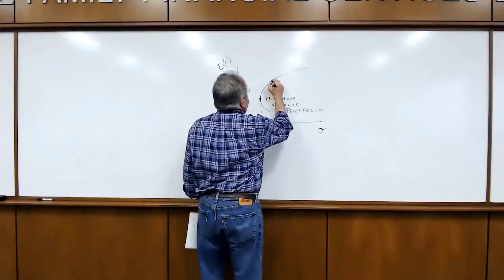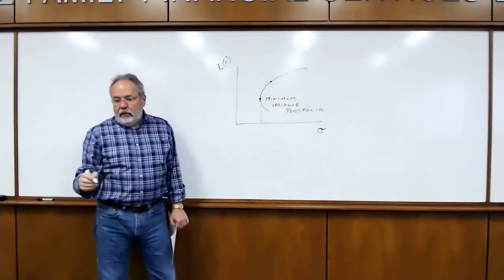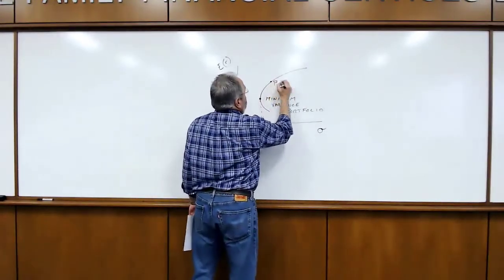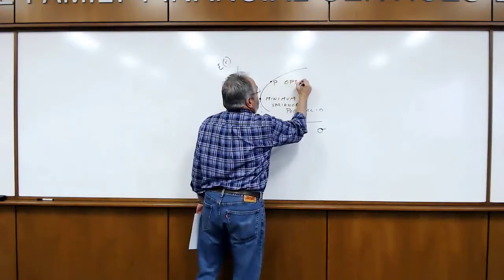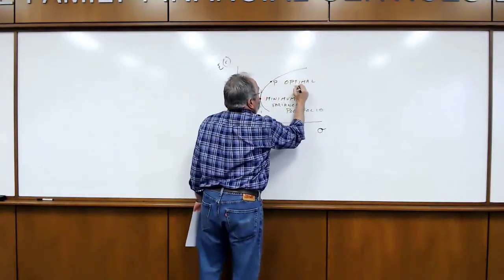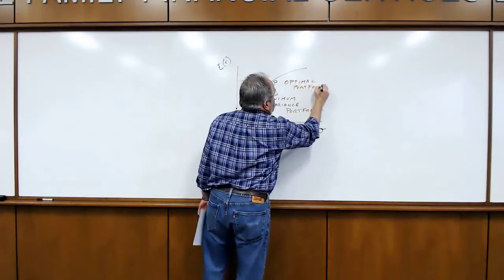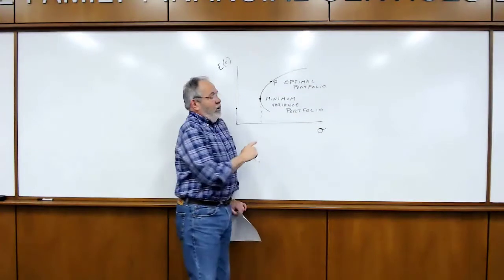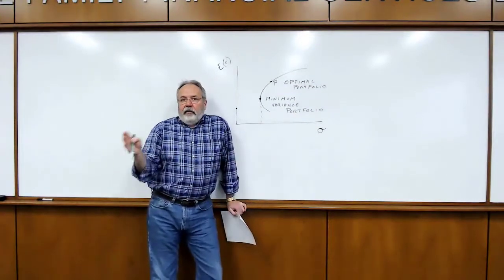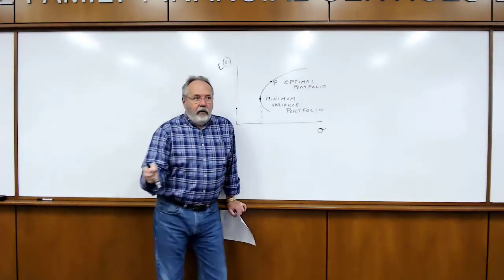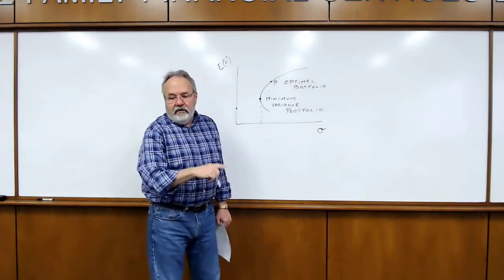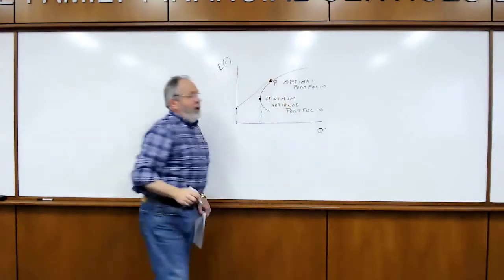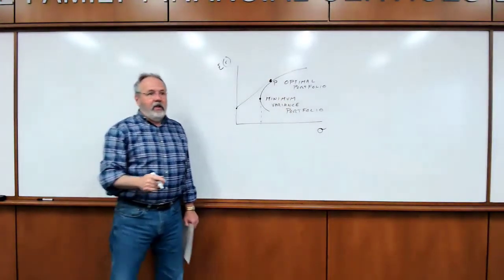And then we decided that there would be a portfolio where it was optimal, right? In other words, it would be on the efficient frontier of portfolios, but it's better than the minimum variance. And that's a line tangent to the capital allocation line.